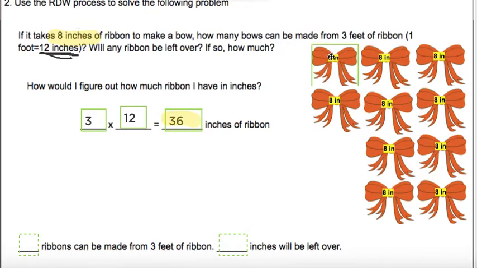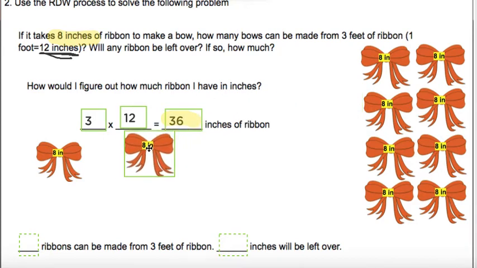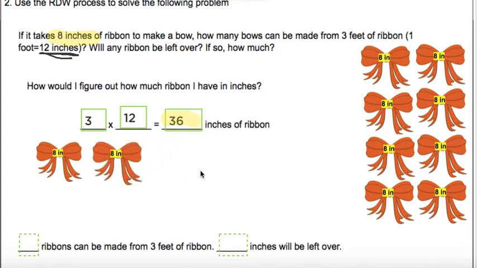How many bows can we make? Let's see. There's one bow, 8 inches. There's 2 bows. How many inches have we used so far if we have 2 bows? Good, 16, because 8 plus 8 is 16.